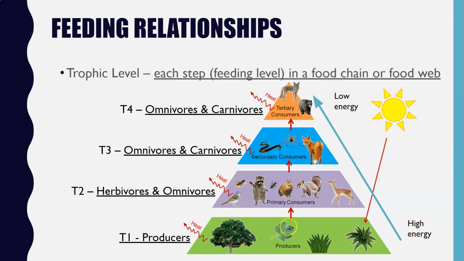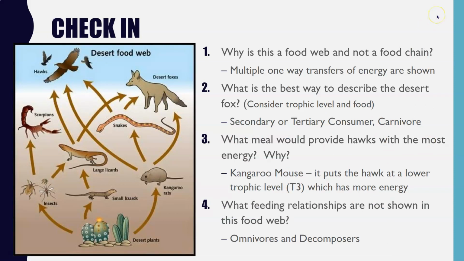So all your producers are down here, and as they give energy to the next level, or T2, which are your herbivores and omnivores, you're going to see an energy loss in heat, and only a certain percentage of energy is going to be transferring to the next level and the next level and the next level. So you have T1 producers, T2 are herbivores and omnivores, T3 are omnivores and carnivores, T4 are also omnivores and carnivores. All right, so quick check-in.